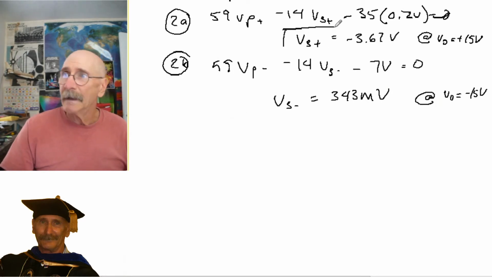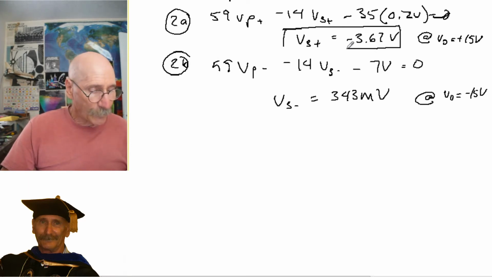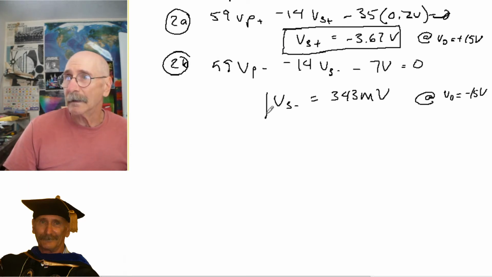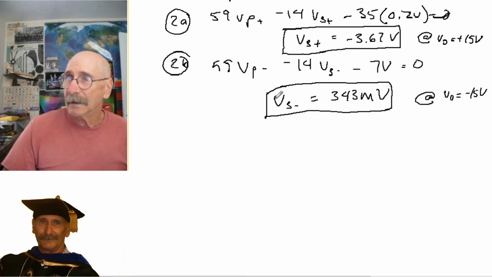So these are the two numbers we were looking for. What are the edges of the V3 input? Properly written, we can define the range within which this can operate.